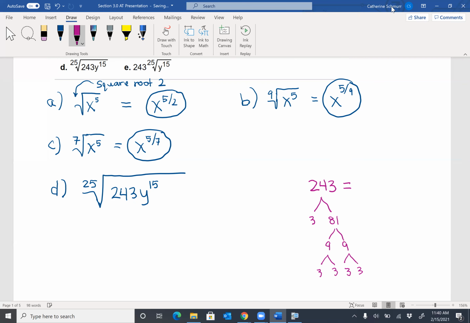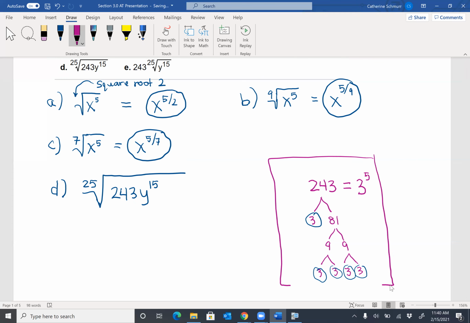So if I look at all of the prime factors here of 243, I have 3, 3, 3, 3, and 3. So 243 is 3 to the 5th. And you could check that by doing 3 to the 5th in your calculator. So that's just kind of what you would do over on the side.